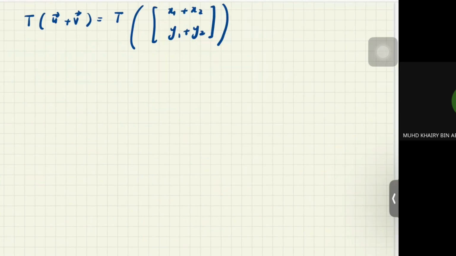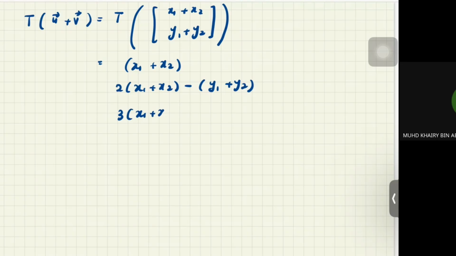So the transformation will become (x1 plus x2, 2(x1 plus x2) minus (y1 plus y2), 3(x1 plus x2) plus 4(y1 plus y2)). This is your transformation vector.